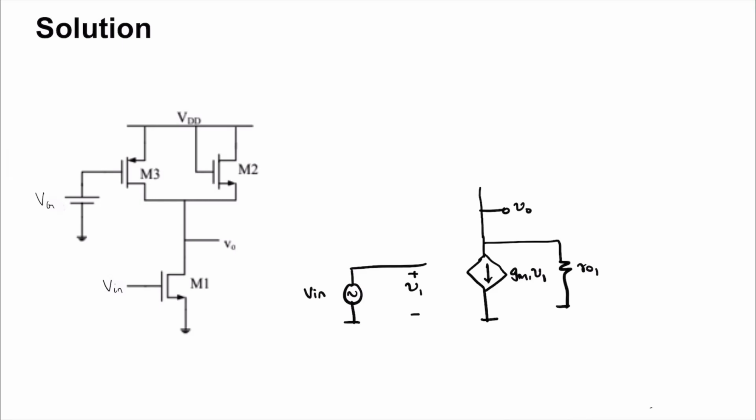We can ground the VDD supply because in small signal it will be a ground, and also we can ground VG. So the VGS for M3, which I will call V3, is as so.